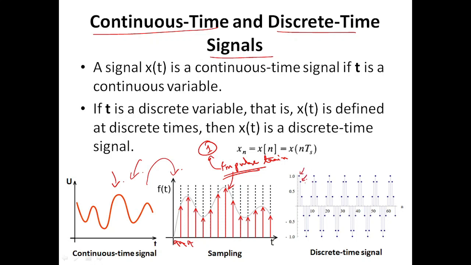So when the amplitudes are not varying continuously with time, then they are regarded as a discrete time signal. However, both the signals are regarded as analog signals.